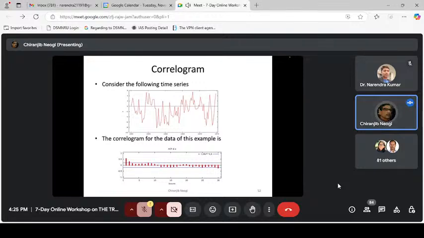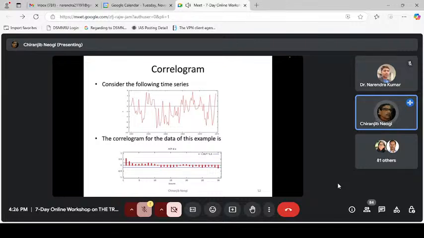So there is no correlation between these two values. So for a stationary time series, the correlation changes, or falls, abruptly.